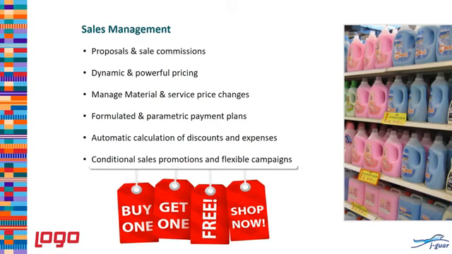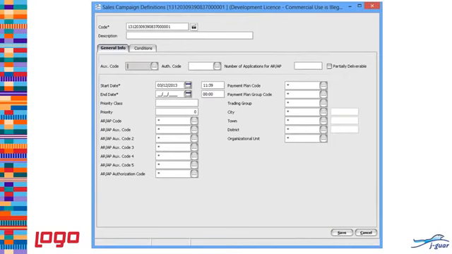You can apply automatic discounts, expenses, promotions, campaigns. You can do all of these things flexibly through very advanced formulas as well. Just to give you a bit of a glance of what it looks like and how powerful it is, that promotion and campaign module. You can start creating promotions which can be very complex and very parametric.